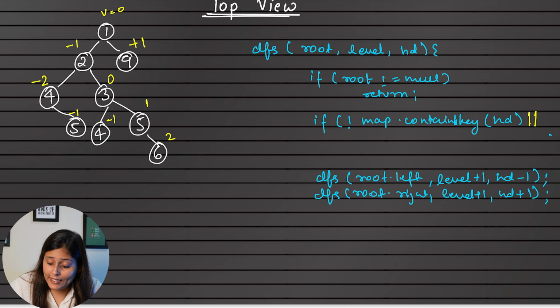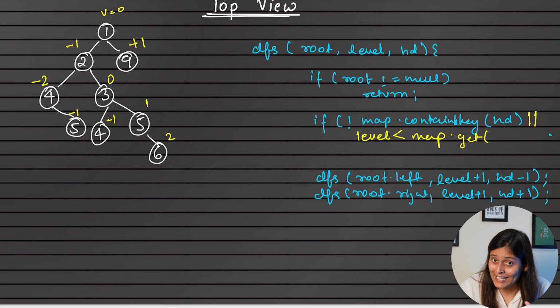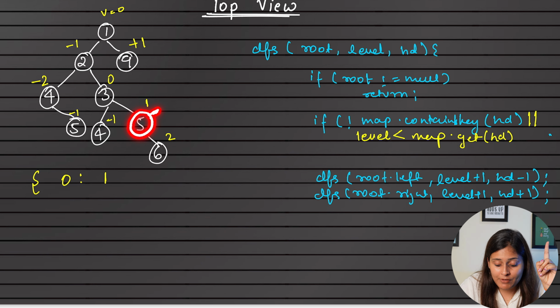What if the level of the current node is lesser than what is in the map, for that node which is present at that HD? But how to get that level? Because in the map we have just stored a value for every node. But if we have to get its level so that we can compare, when I found for vertex 1, the first time we found 5.